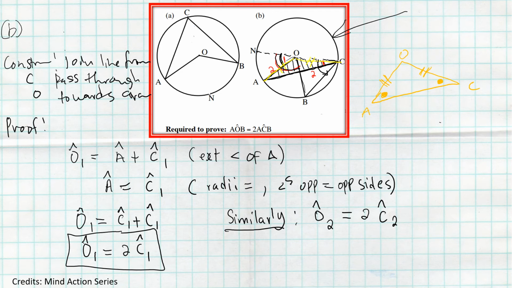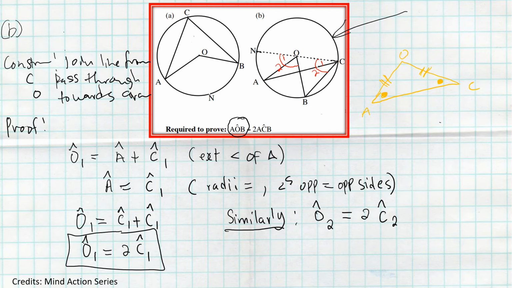Now remember, we want to prove that angle AOB, which is this angle here, can you see? I don't know if you can see because my diagram is a bit of a mess. Let me erase this and rewrite this angle O1, and this is my O2, this is C1, and this is our C2. We want to prove that angle AOB is 2 times angle ACB.